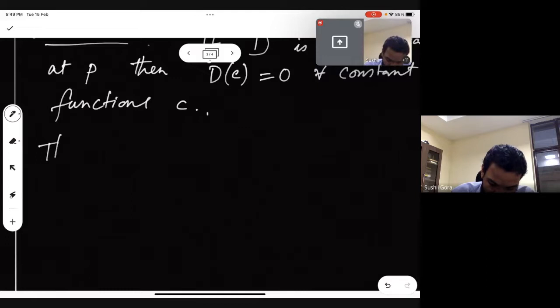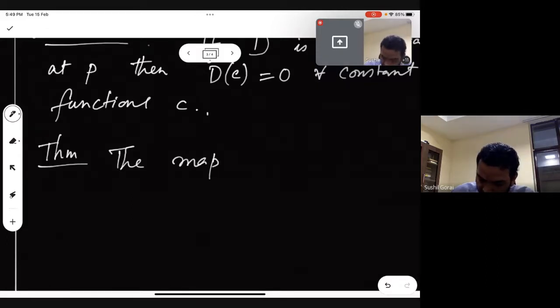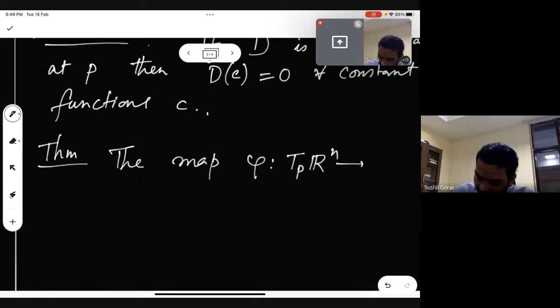So a theorem: the map phi from Tp(Rn) to Dp(Rn) is an isomorphism.